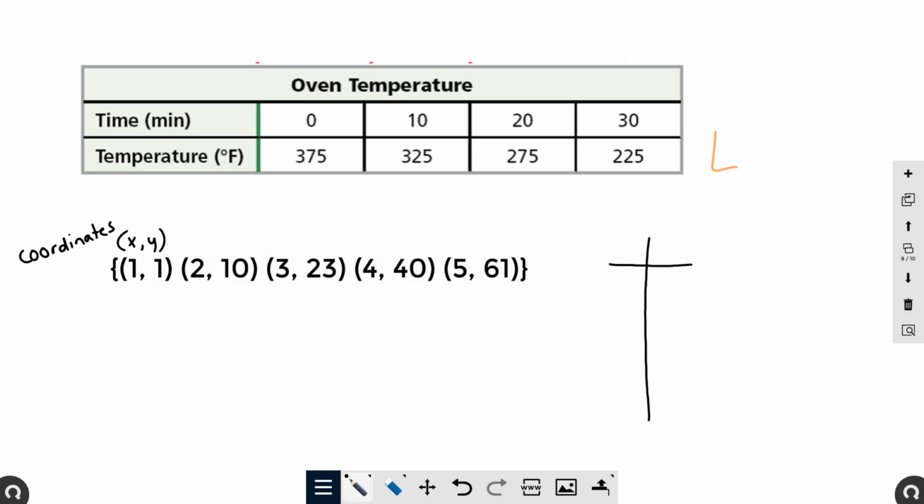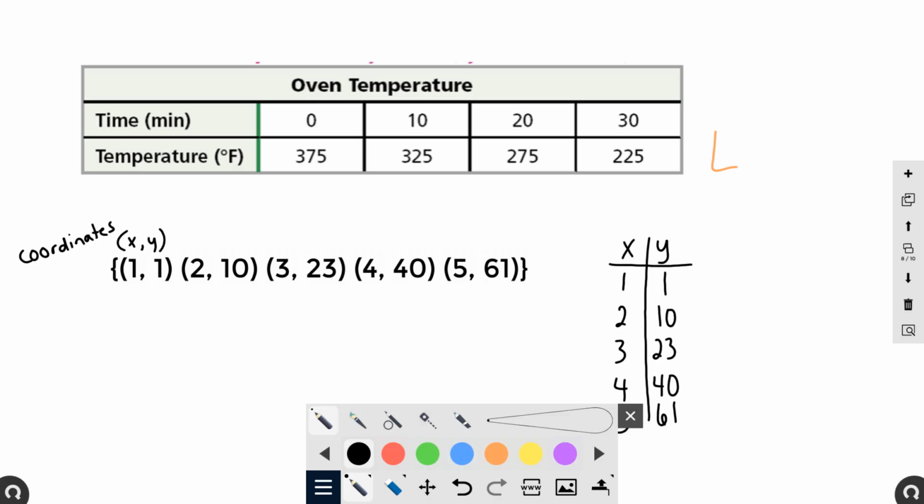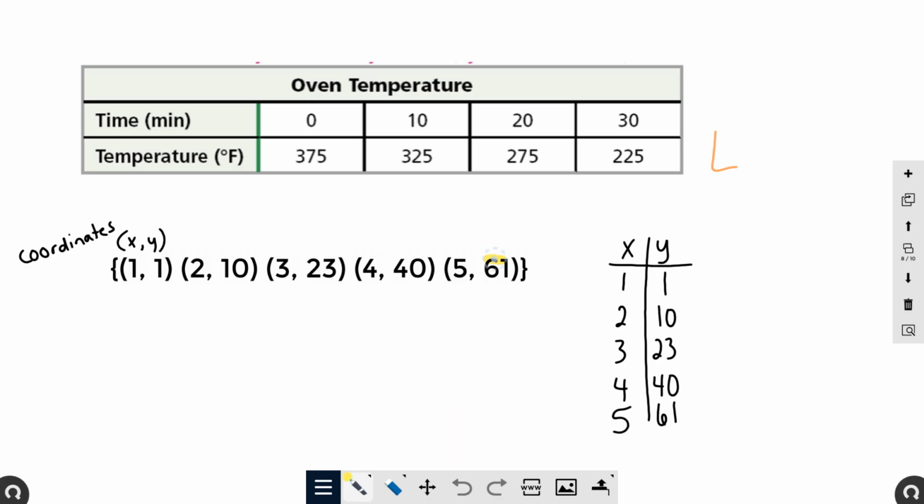I prefer to see them as a table because I get confused from seeing all those numbers together. So remember, your first number is your X value, which are nice and consistent, and your second value is the Y. I know I've had people before when I handed this out on a worksheet, they went through and highlighted all of the Y values, which you could definitely do if you see this on a test or quiz.